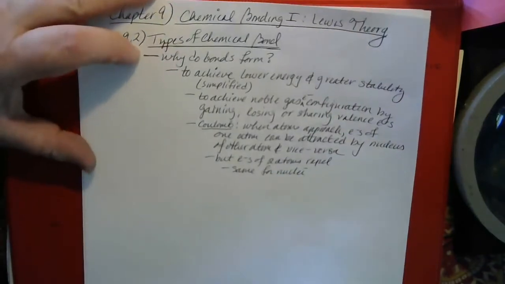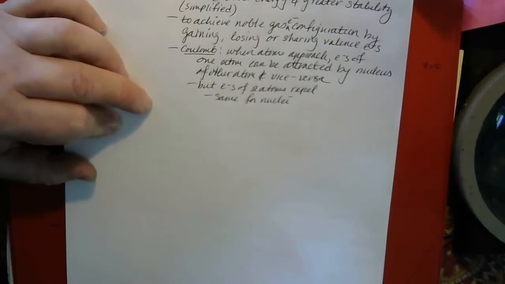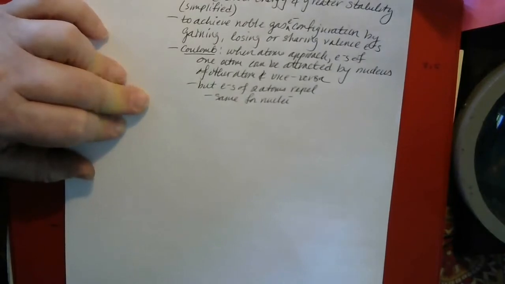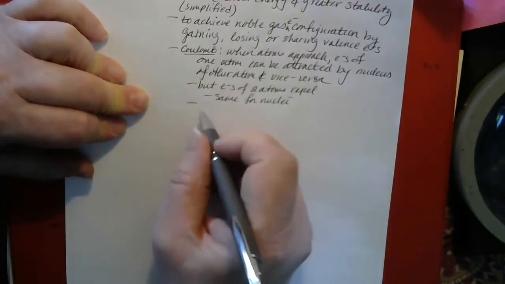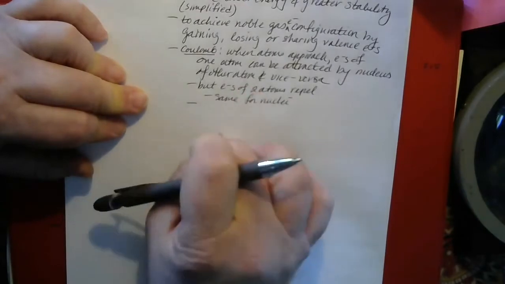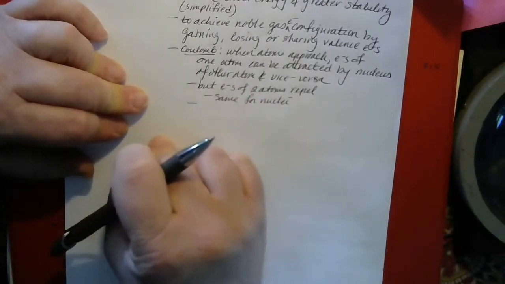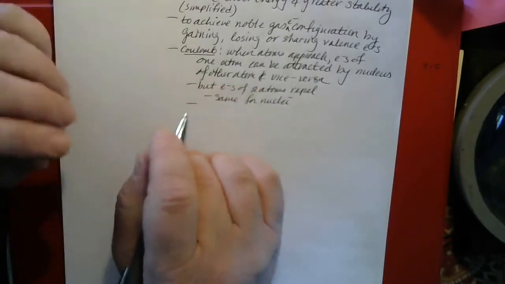And it should be the same for the nuclei, because the nuclei are positively charged, and like charges repel. But actually, it is possible for them to get close to each other if the negative charges, like the electrons, are between positive charges, like the nuclei.